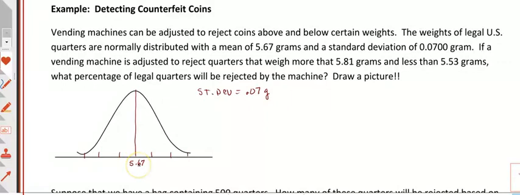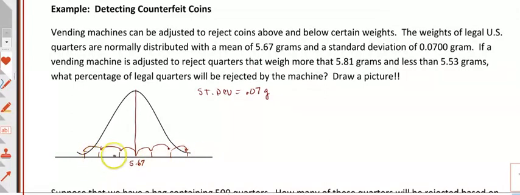If 5.67 is in the middle, and one standard deviation equals 0.07 grams, then to get to one standard deviation above the mean, I would just add 0.07 to 5.67. To get to the next value up, I would add 0.07 to that value. I would keep adding 0.07, or going to the left, subtracting 0.07, to determine those data values on the x-axis.